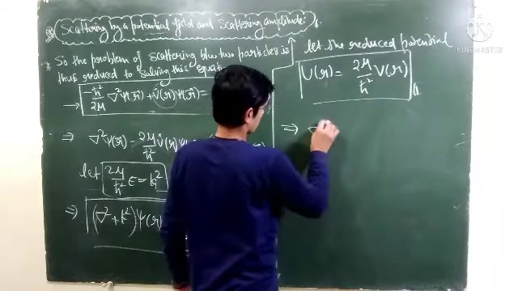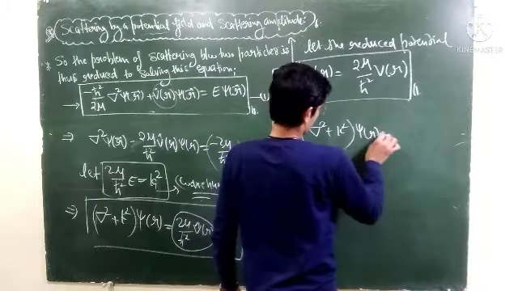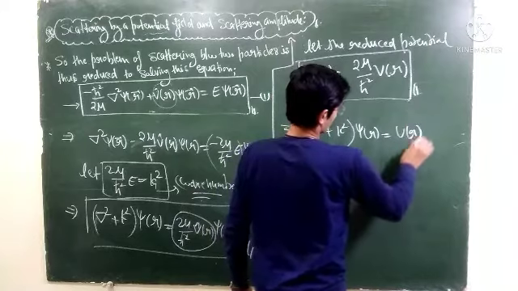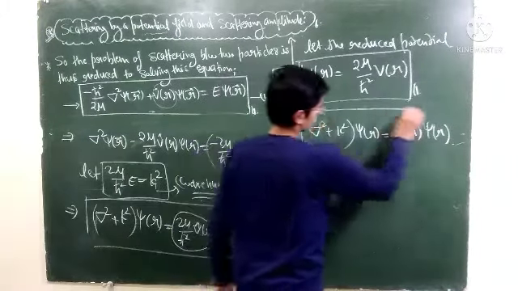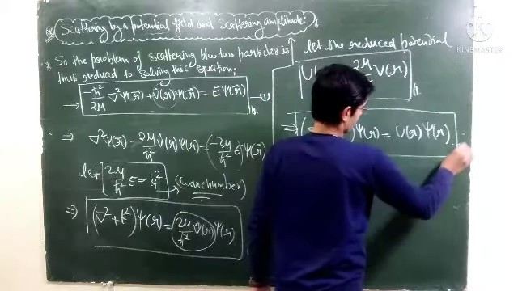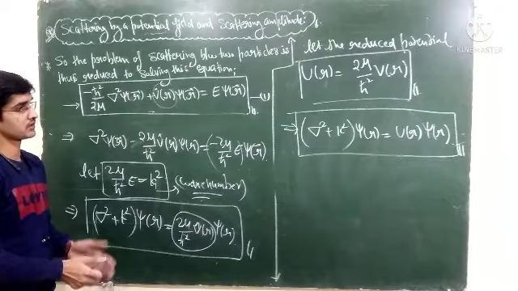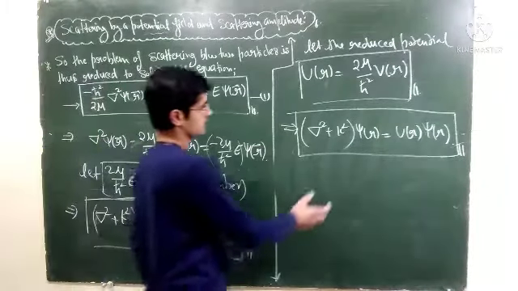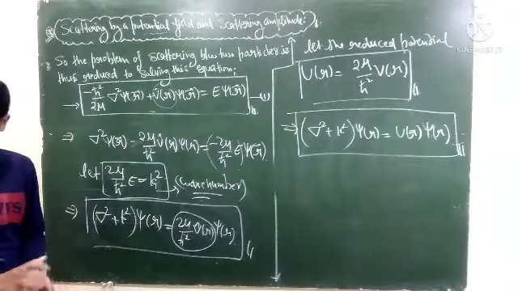Then this equation will be Laplacian plus k square into psi of r equals u of r into psi of r. This is one of the important equations that we will try to solve, because this is the equation which will give us this particular value. So this is what the equation is.